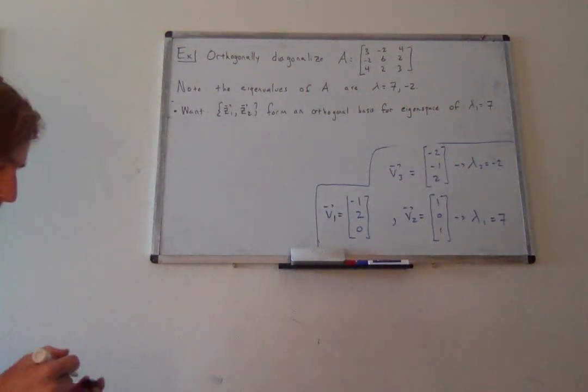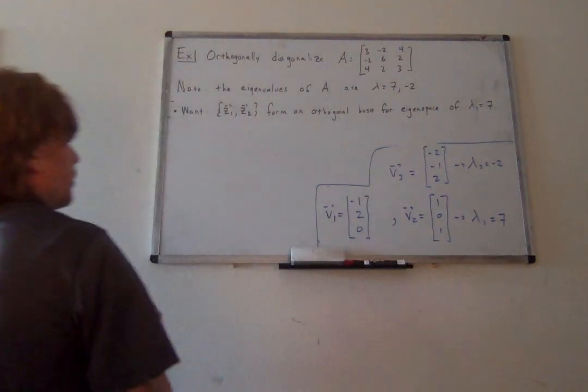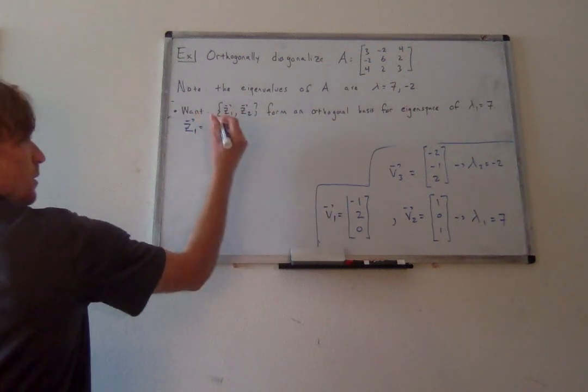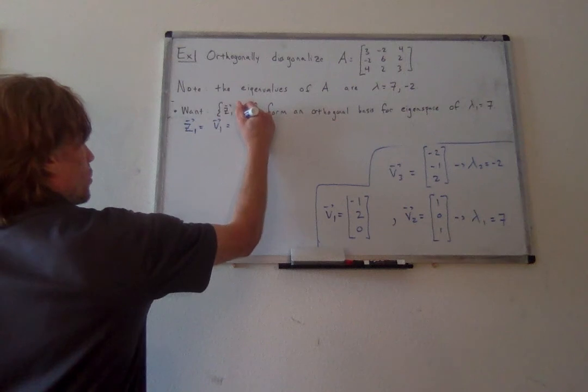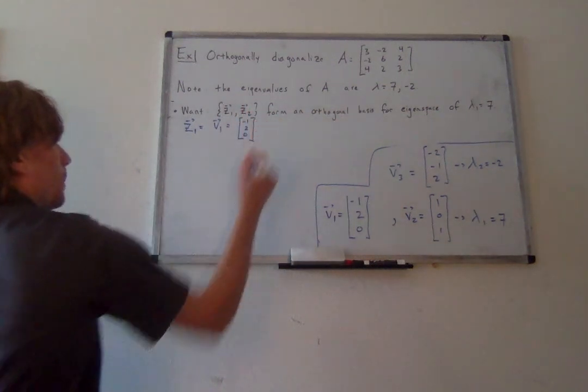So remember what Gram-Schmidt tells me to do. Well, again, z1 is fairly straightforward. This is just equal to v1, which we know is equal to -1, 2, 0.